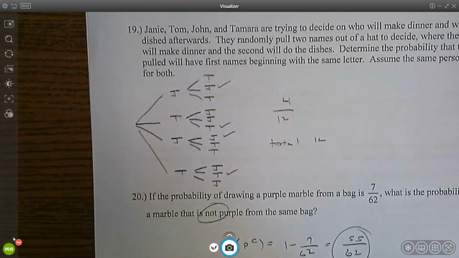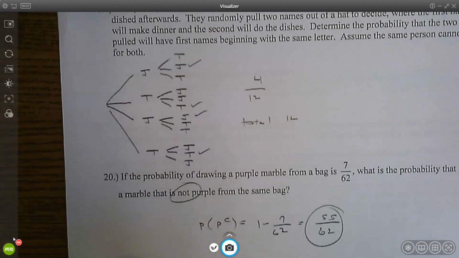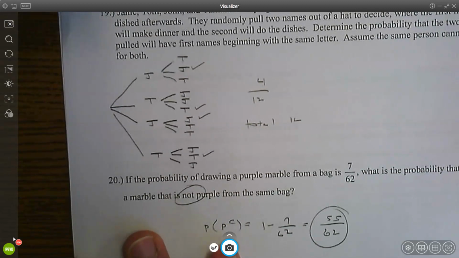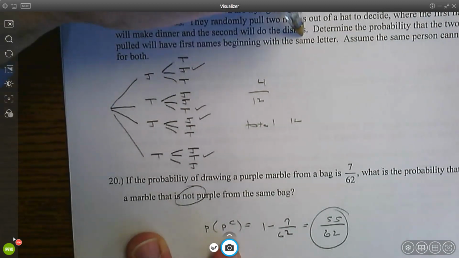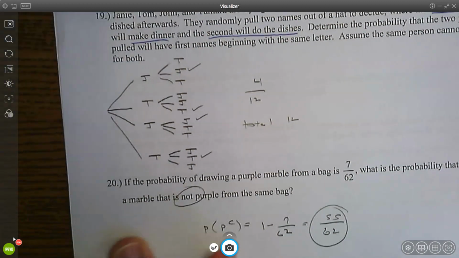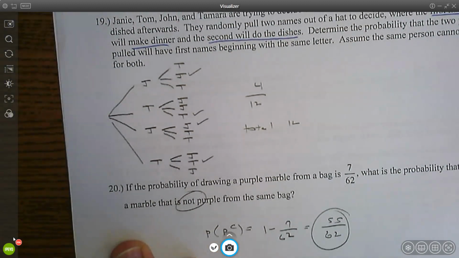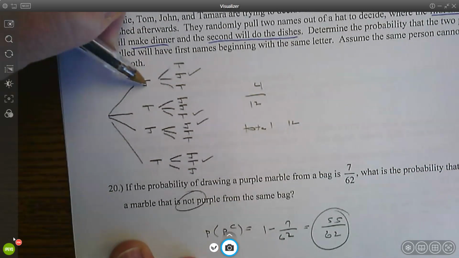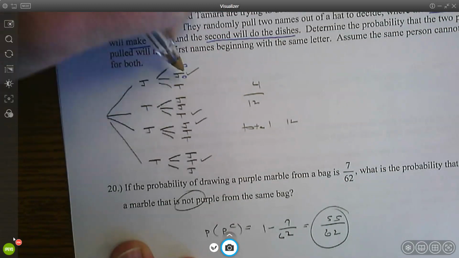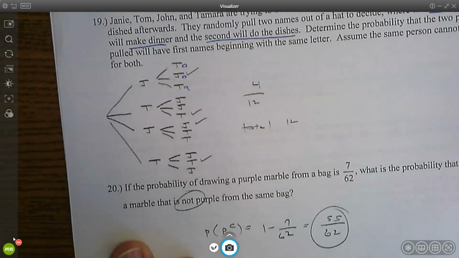Then looking at the last 2 questions, 19 and 20. They're talking about these people making dinner and washing the dishes. The first person name drawn is going to make dinner, and the second will do the dishes. So this is like question 18 with Samuel. If Janie gets picked first, then only Tom, John, and Tamara are options.